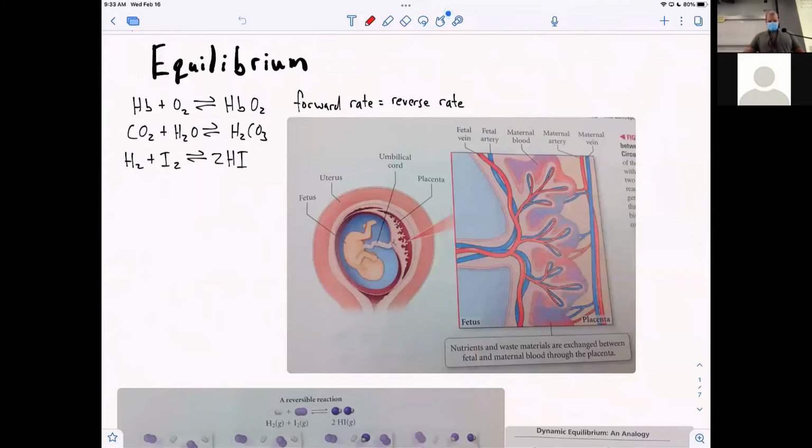There are many reactions, though, many simple ones, where it's really important that the reaction goes both ways. One of them, for instance, is hemoglobin, which I'll abbreviate as Hb. Hemoglobin plus oxygen makes a hemoglobin-oxygen complex. It's actually more complicated than that. Hemoglobin is a protein that our red blood cells have that we use to transport oxygen in our blood.